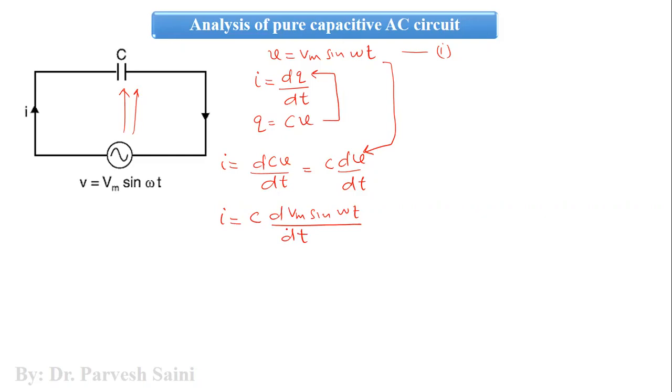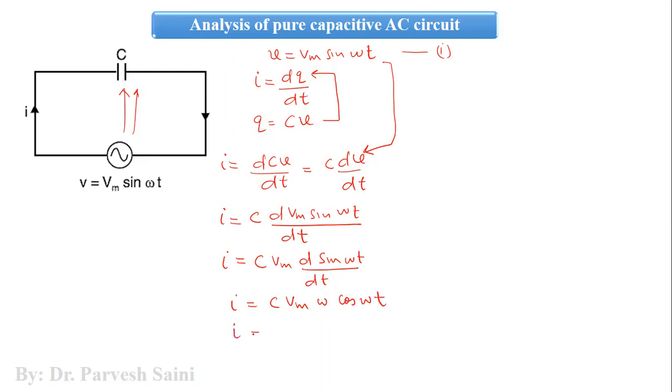Now Vm is also a constant. So C Vm d(sine omega t) by dt. Now the derivative of sine omega t with respect to t is omega cos omega t. It is now C Vm omega cos omega t.